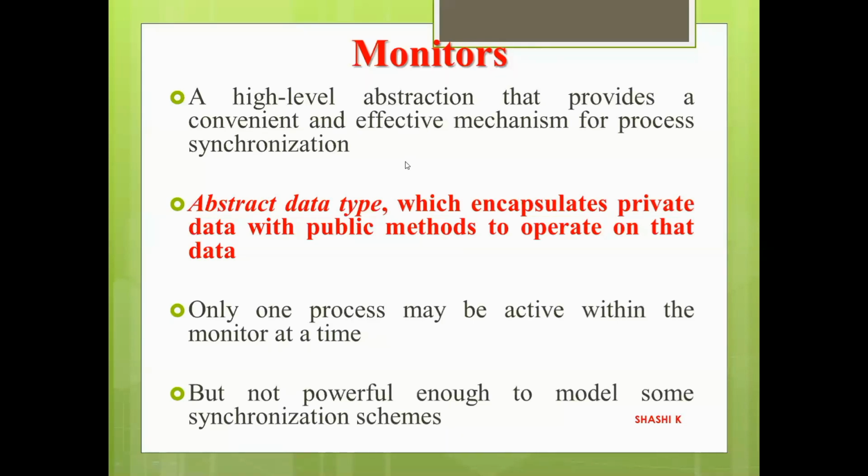So if any process wants to access that private shared variable, it cannot do it directly. It can access it only through the public procedures. Another important restriction in monitors is that only one process can be inside the monitor at any point of time.